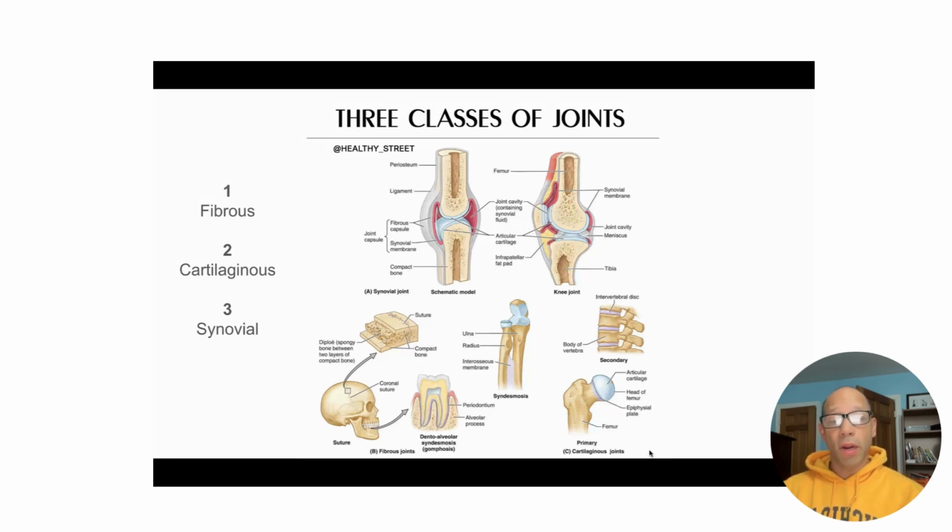Then we have our cartilaginous joints. Cartilaginous joints are bones united by some sort of fibrocartilage or hyaline cartilage. When we see the white on the end of different bones, those are cartilaginous joints.